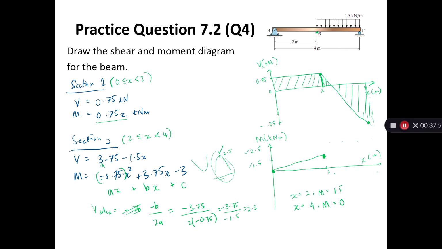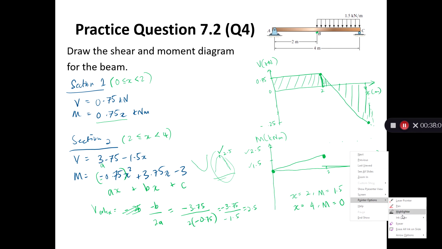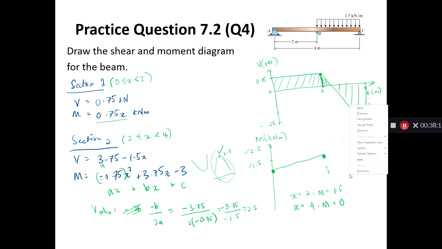As expected, it will be 0 at the end of the beam. So here we have this. So this is 0 at the end. Keeping in mind that you want to produce this quadratic curve, let's just say the center is somewhere there.